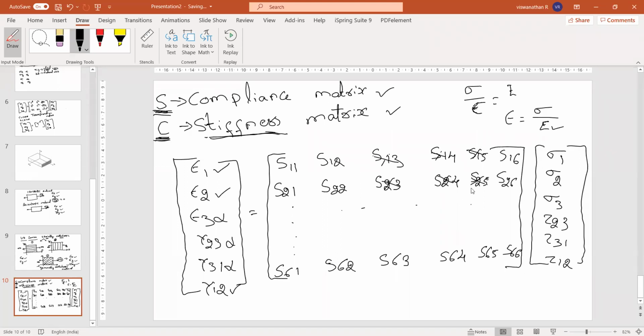No. S16 is there, S61 will be there, S62, S26. These things will not be there. What about S66? Yes, sir. This is gamma 12 and this is tau 12, so there's a relation there. We'll write these elements separately.